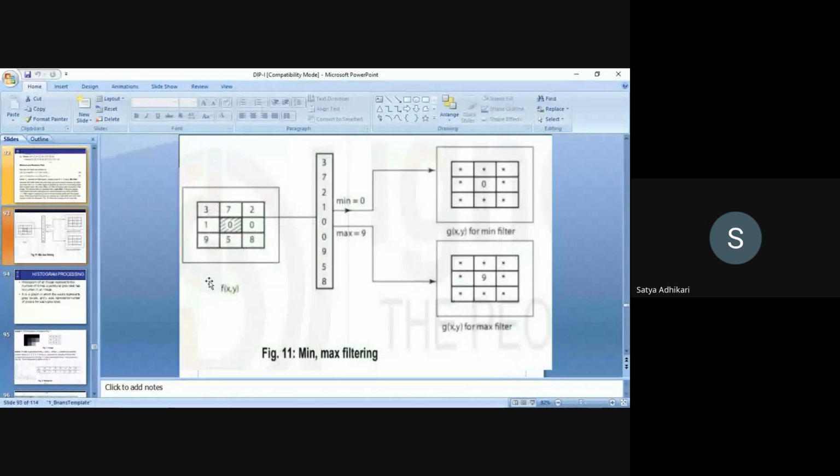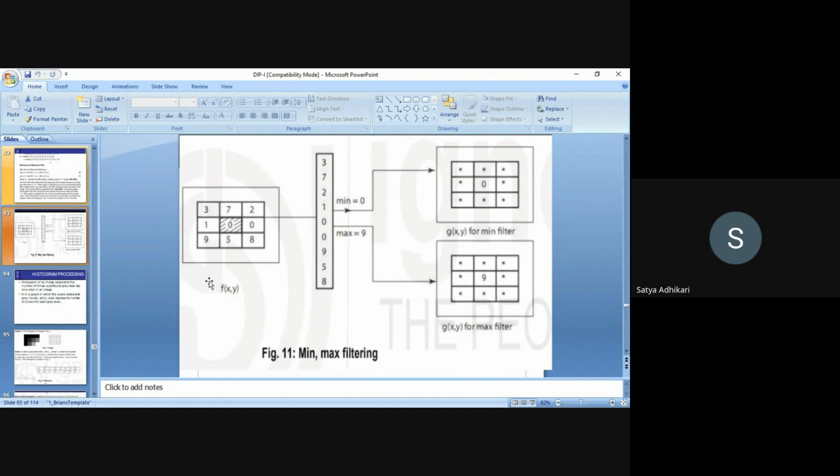You see here, this is the best example. The same example we discussed in the median filter, where 0 was replaced by 3. Please recall, because 3 was the median value, 0 was replaced by 3 in that case. Here is the same example.